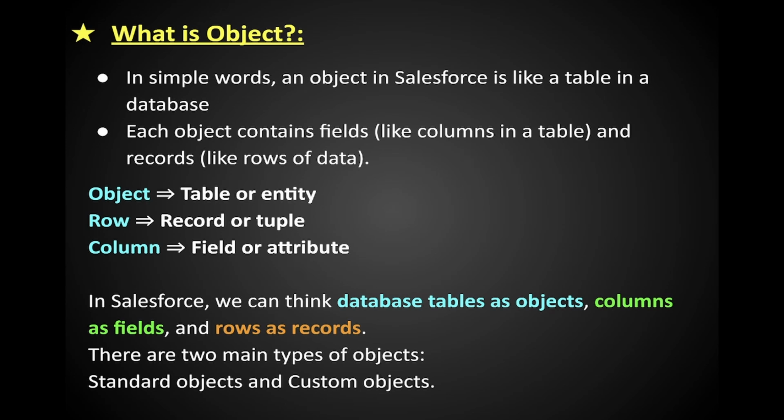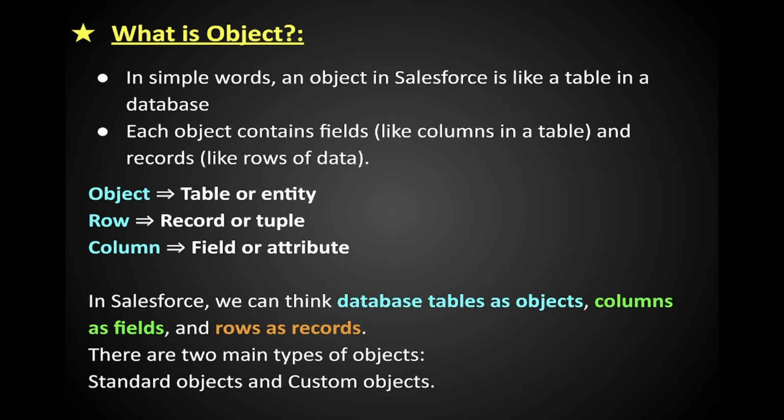In Salesforce, we can think of database tables as objects, columns as fields and rows as records. I'll show you the picturization as well, how an object looks in Salesforce, how we can create fields, and how the records or rows look. But just understand what an object is in Salesforce. I hope you understood.